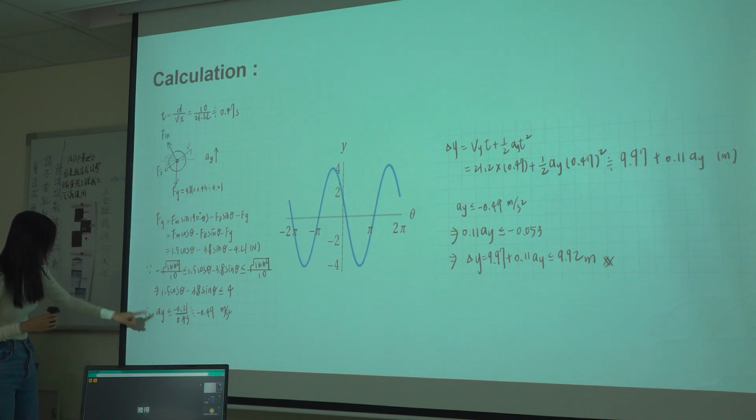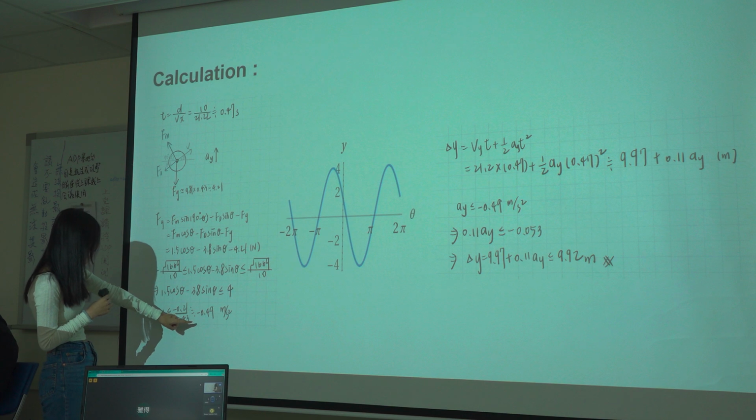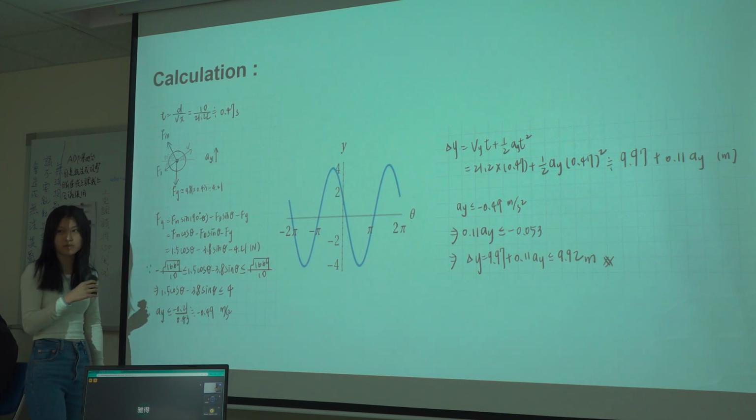So the acceleration on the y-axis will be smaller than negative 0.21 divided by 0.43, which turns out to be negative 0.49 meters per second squared.